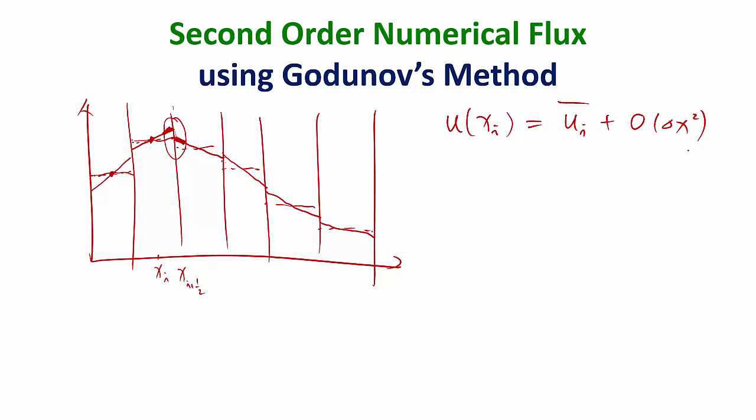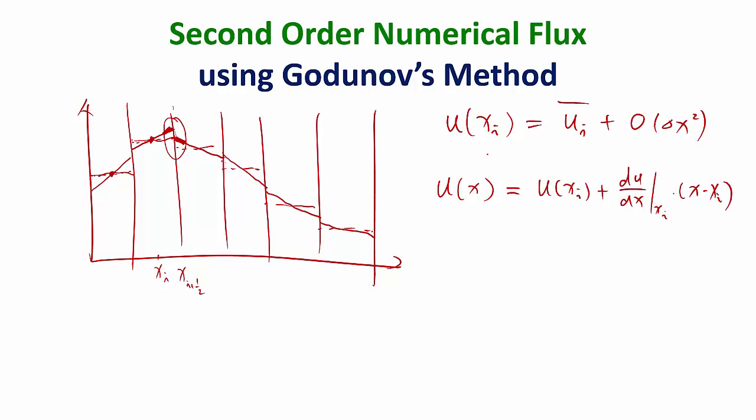Okay, and how do we convince ourselves of this? Remember u of x can be represented as u of xi plus the next term, du dx at xi times x minus xi, right?